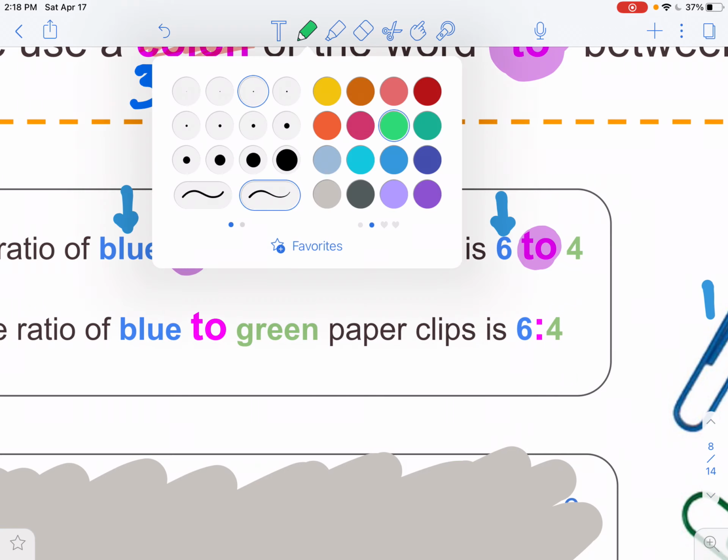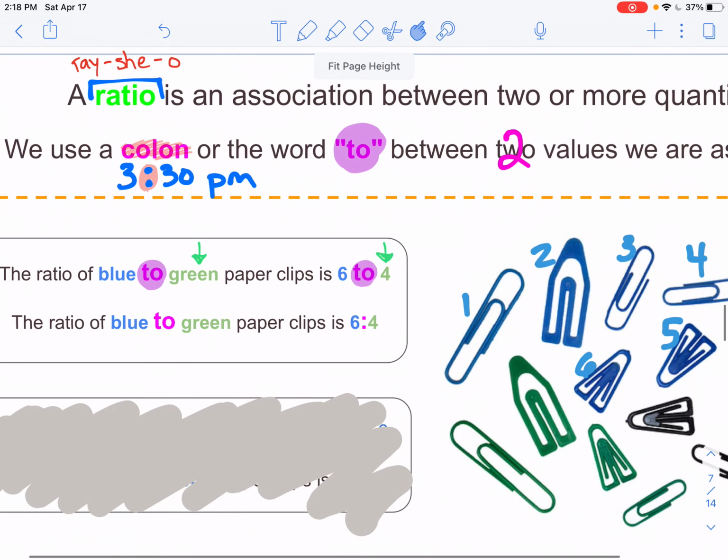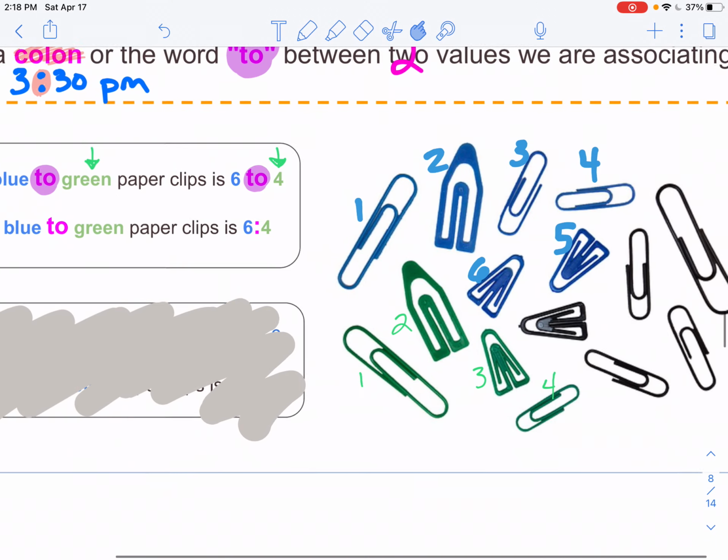To the right is the word green. To the right or after the TO is the number 4. That means there should be 4 green paper clips. You might remember that there are 4, but let me just prove it again. 1, 2, 3, 4. There are 4 green paper clips.